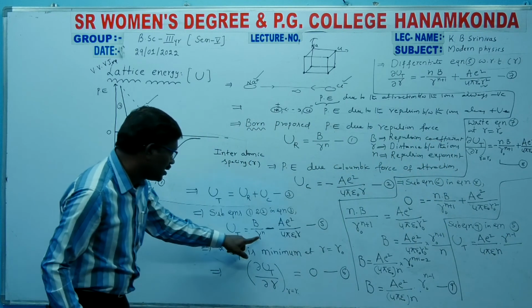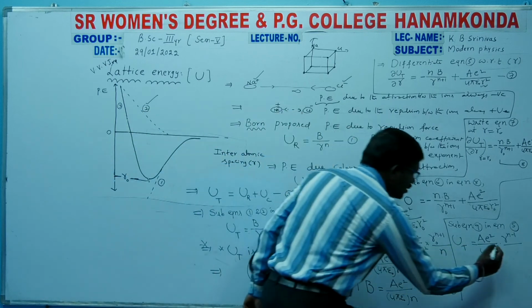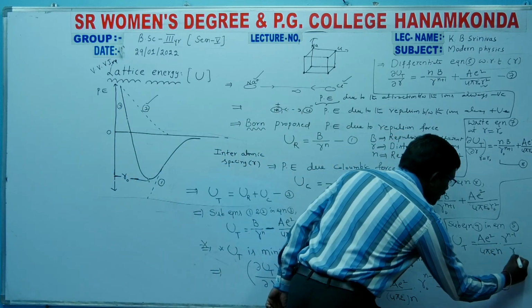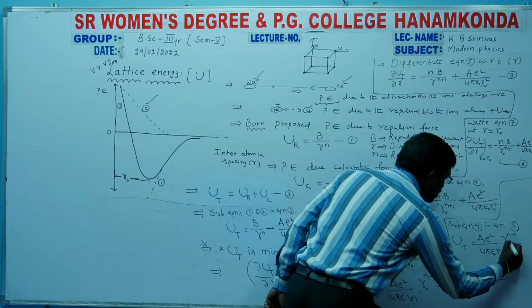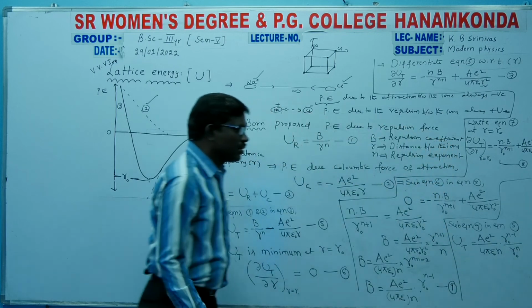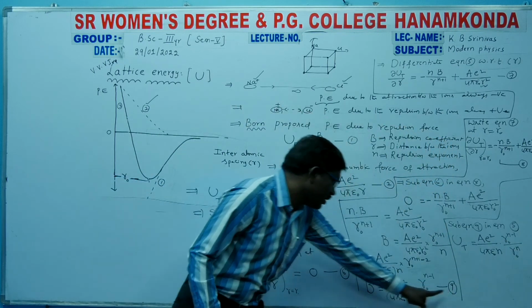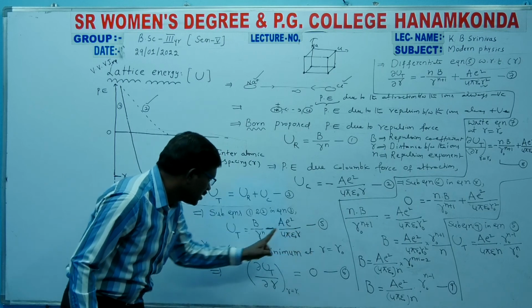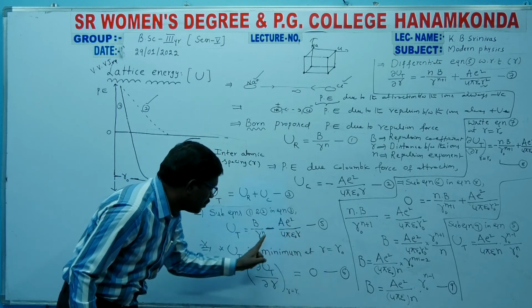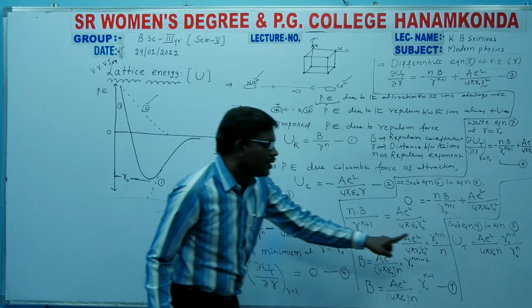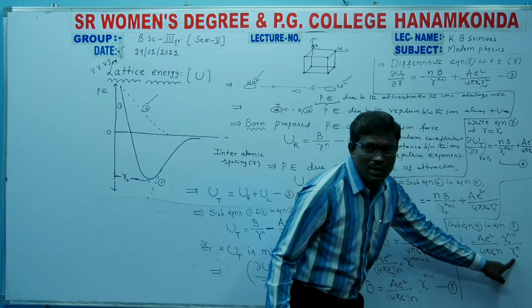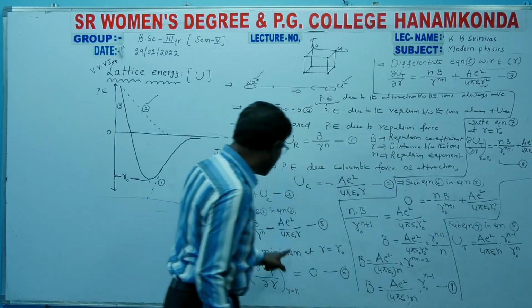Already here we are having r to the power of n, but we have to replace it by r naught to the power of n. Both are r naught only. If you are substituting equation 9 in equation 5, these two also become r naught only. That is why I have written this as r naught only. Clear?